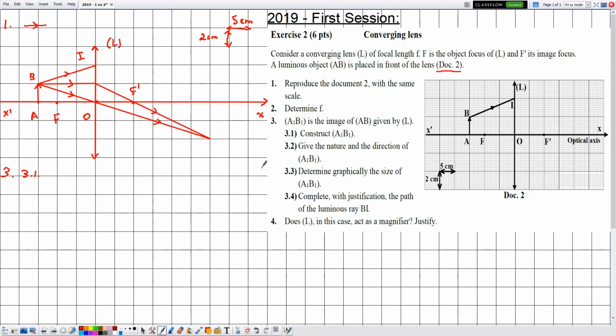Okay, so now what we have done is a tracing of the rays. Now let's justify their path. Okay, for the first ray, which is parallel to the optical axis, let's say that an incident ray issued from B parallel to the optical axis emerges passing through the image focus.